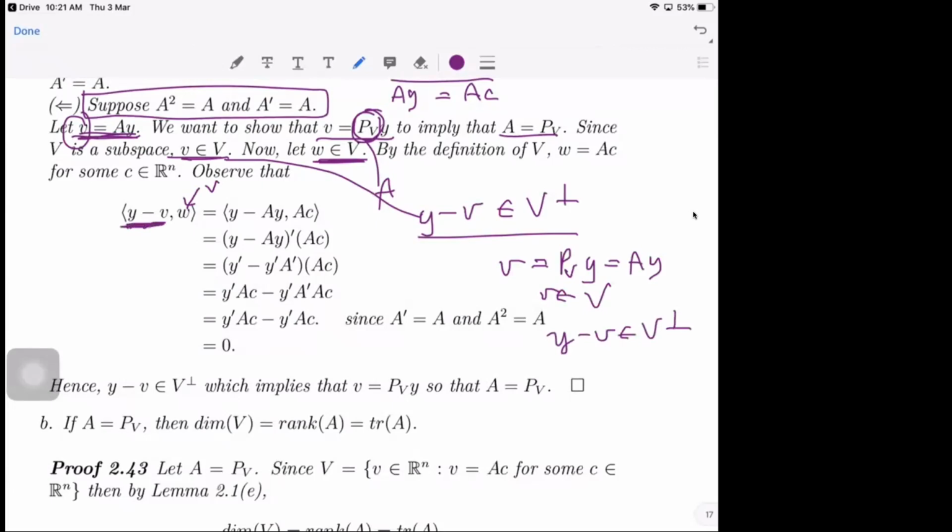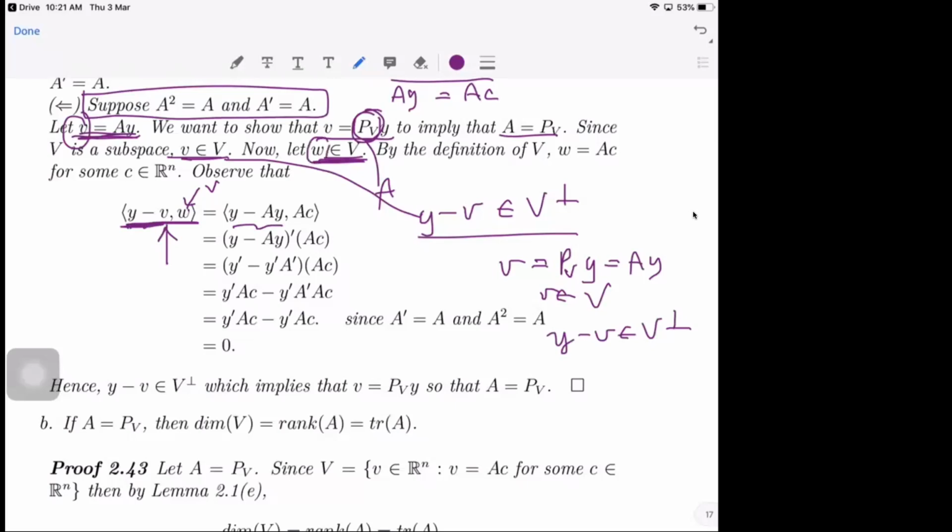So we want to show that Y minus V is in V perp. We take an arbitrary W in V and take the inner product. This is how we define Y minus V, because V is AY.